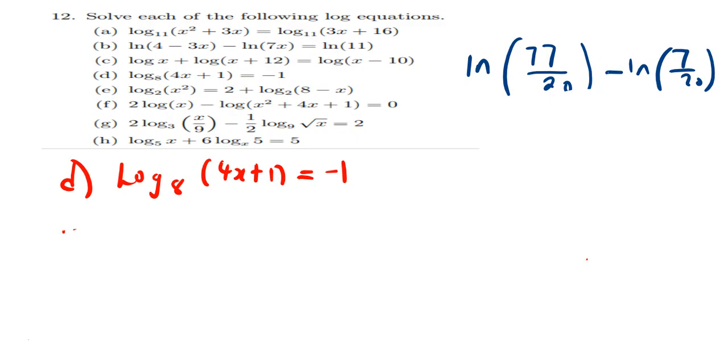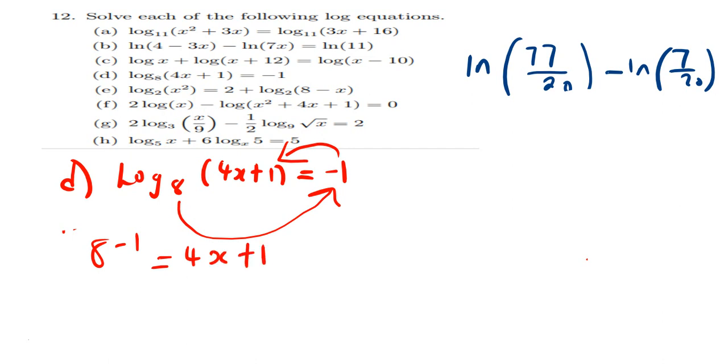When you're converting, it becomes 8 to the power negative 1 is equals to 4x plus 1. So that is if you convert it like that.